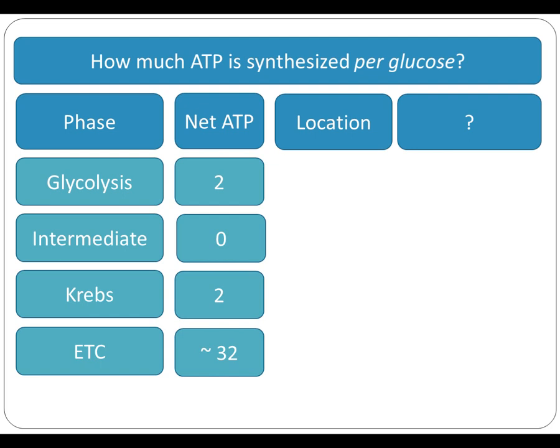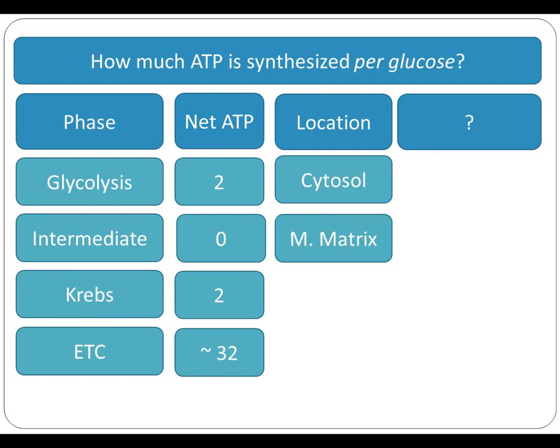Location-wise, the glycolytic pathway occurs in the cytoplasm, or cytosol; those are the same terms. What about the intermediate step? It occurs in the matrix of the mitochondria. Make sure you identify that it's in the mitochondria. Matrix is just a word that describes a movie, right? So this doesn't occur in the movie, it occurs inside the matrix of the mitochondria.